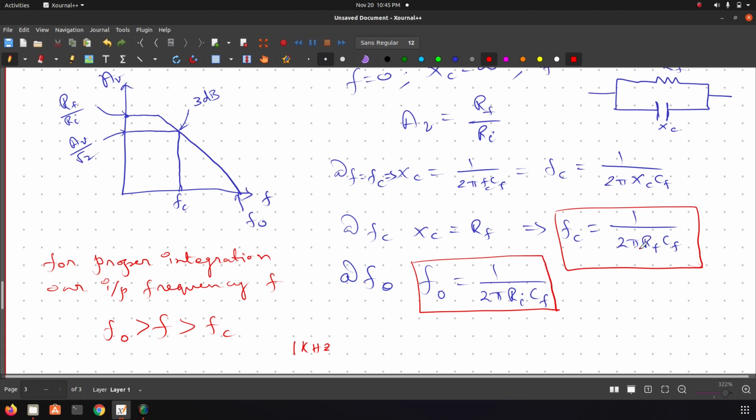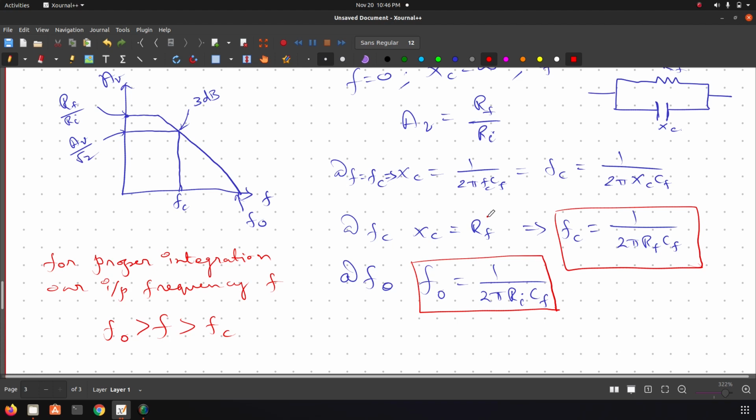We can alter this by altering RF such that we can make the fc less than our input frequency. In that way we can design our integrator to work in the proper integration limit. So up to this, this is what you have to learn from the examination point of view.